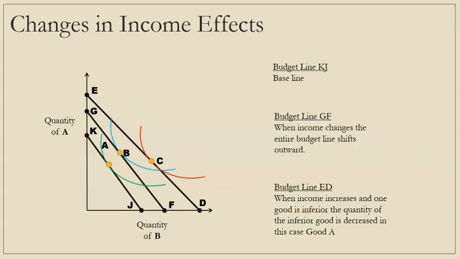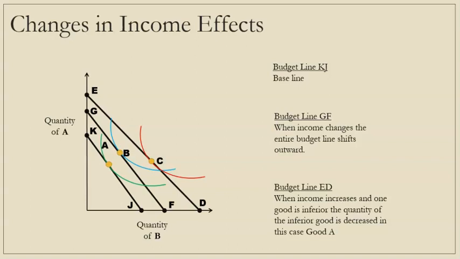But let's take a look at another scenario. On line E and D, our income increased, so the quantities of both goods A and B are going to increase. But by looking at this chart, you see that the gap between E and G is narrower than between F and D. So we can come to the conclusion that when this income increased, one of the goods was inferior, so the quantity of the inferior good decreased.